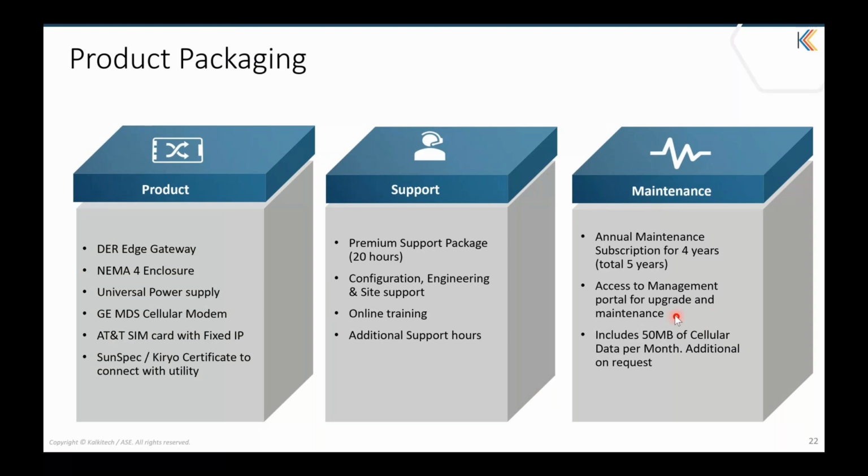That is also a subscription which is provided as part of the package. So this is how the entire data hub as well as the Galileo edge, the DR gateways, is provided as a customer telemetry option for utility interconnection.